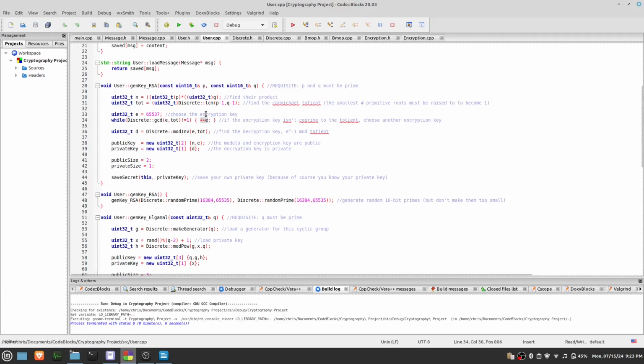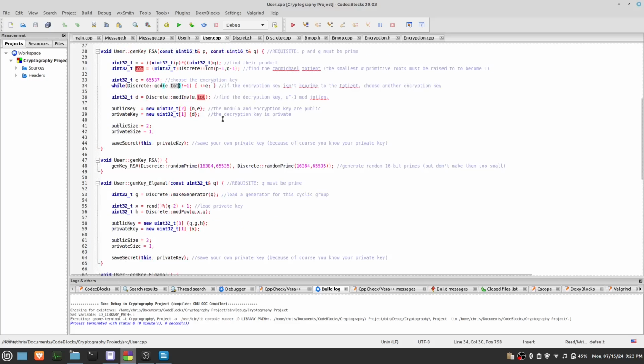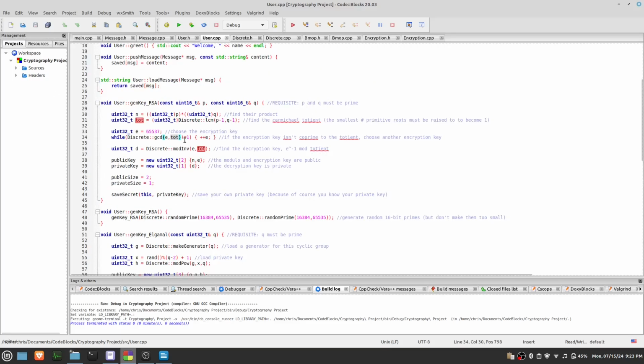I probably should have had it increment by two each time, because if the exponent is divisible by two, if it's not odd, then it's definitely not going to be coprime with the totient, because the totient is definitely going to be even. Then we find the decryption key by taking the modular inverse of e with respect to the totient, because that's how taking the nth root modulo n works.